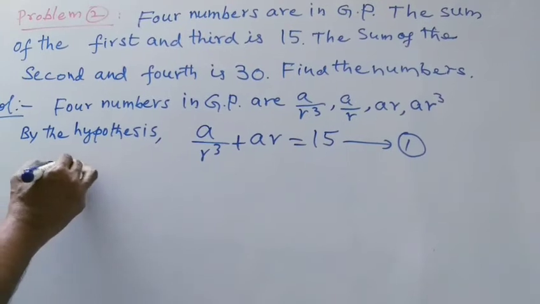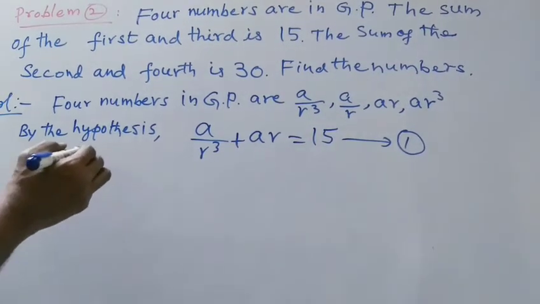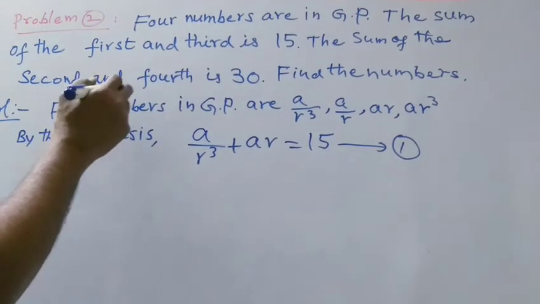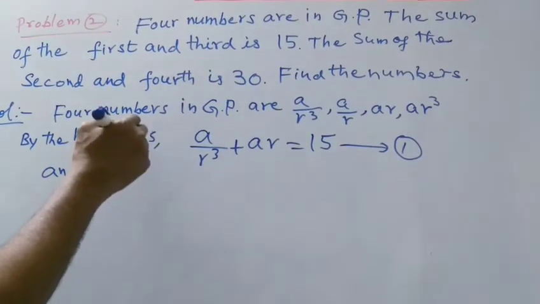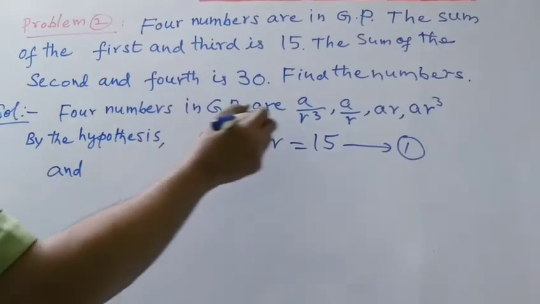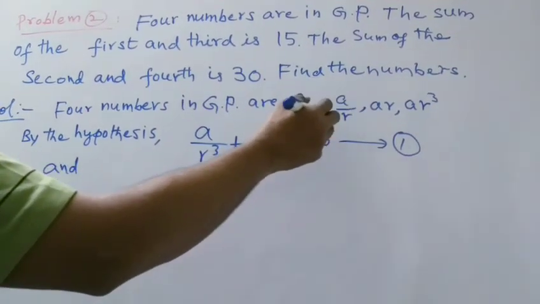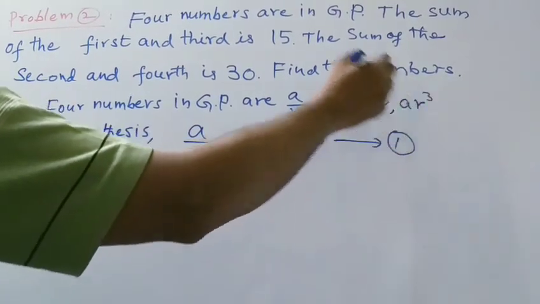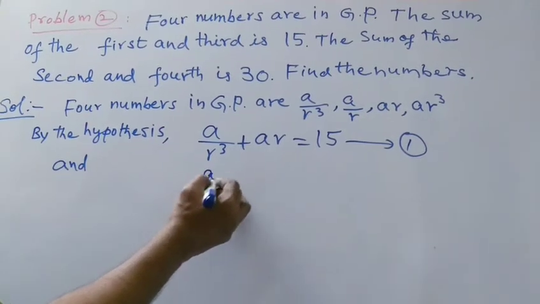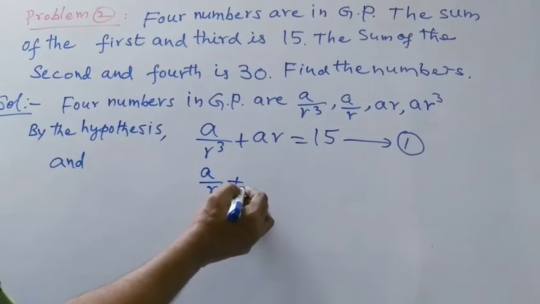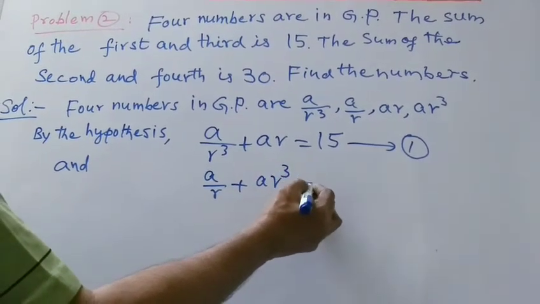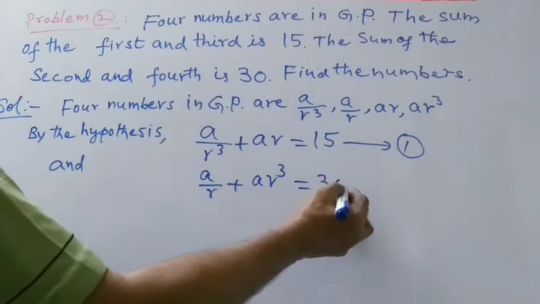Similarly, the sum of the second and fourth one is 30. That is given here. The sum of the second one, A by r, and the fourth, A r cube, is 30. So A by r plus A into r cube is equal to 30.